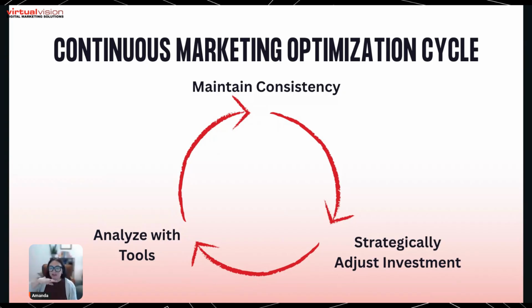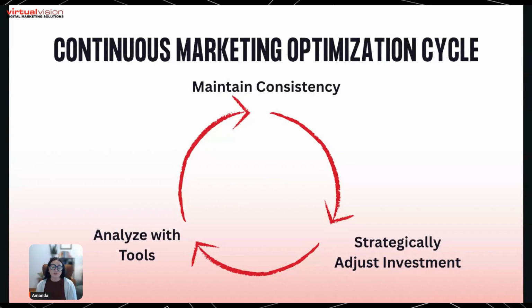Now we need to analyze it again, strategically adjust, maintain the consistency, and it keeps going. It is a cycle so that you're continually auditing, you're continually strategizing, and you're not just saying, great, I've done it. Now I'm done and I'm going to let it perform. That is not how marketing works.